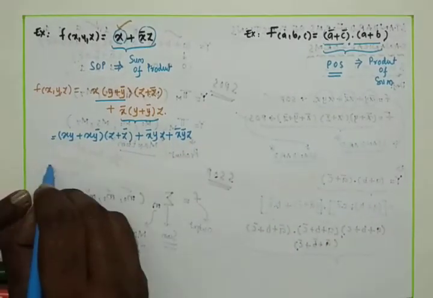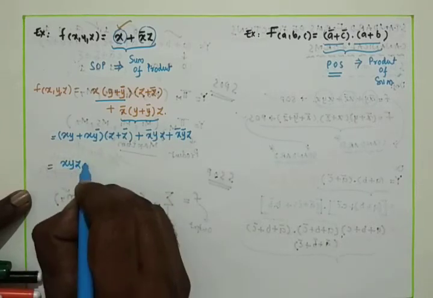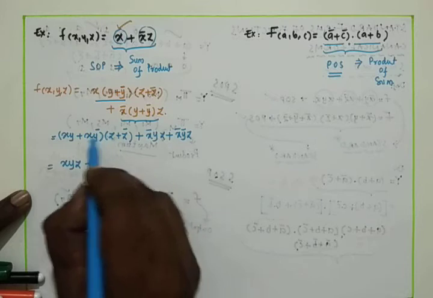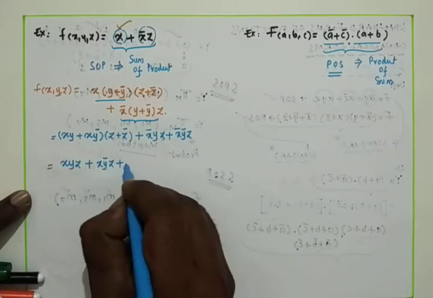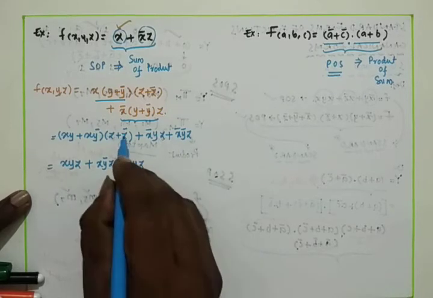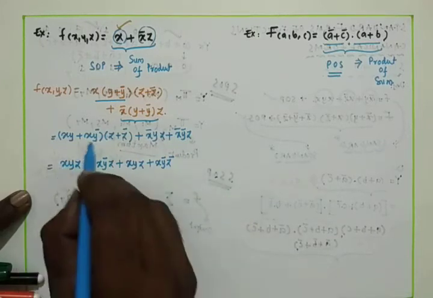Then again simplify this one, multiply with z: xyz + xȳz + this one xyz, then xȳz̄, and this is completed.